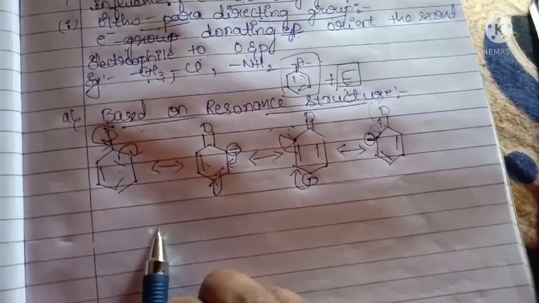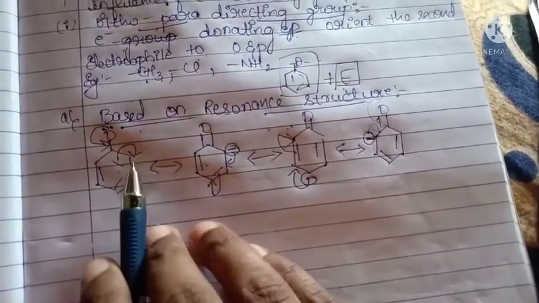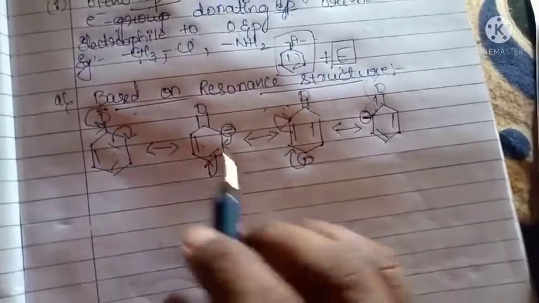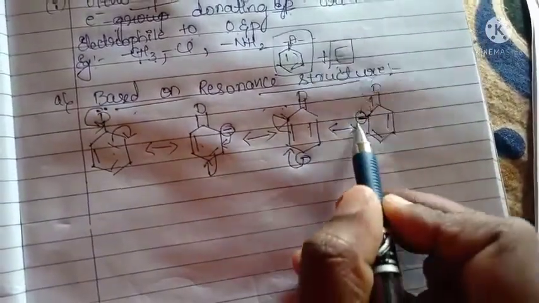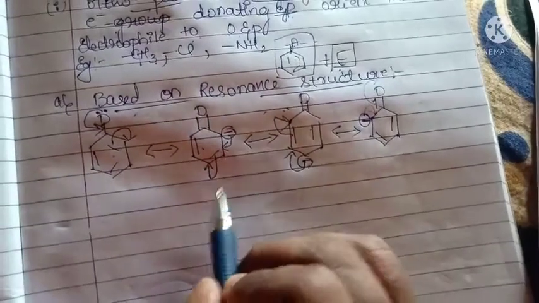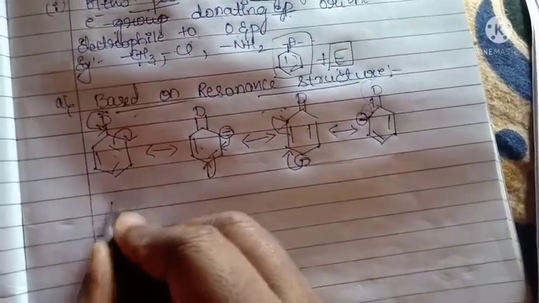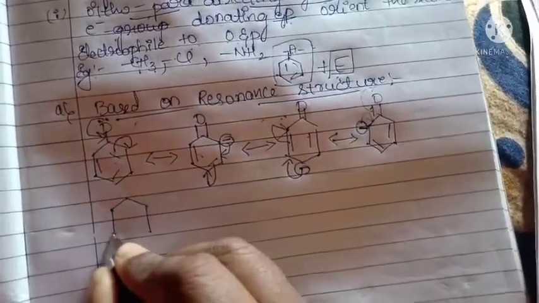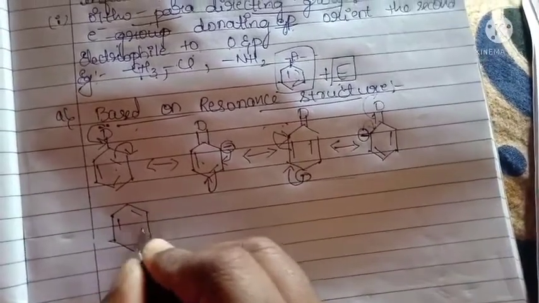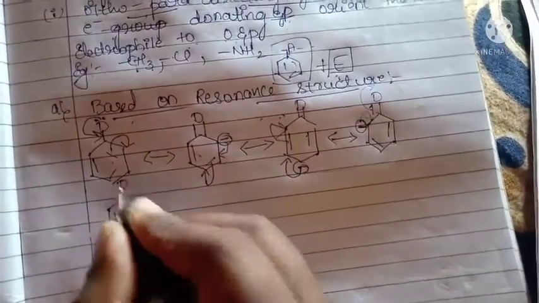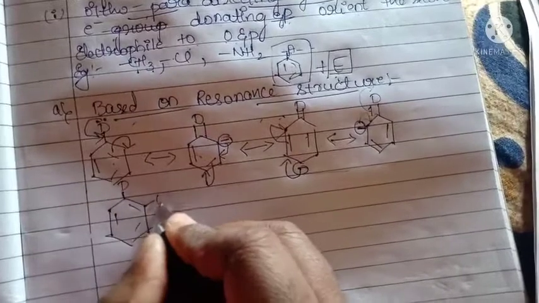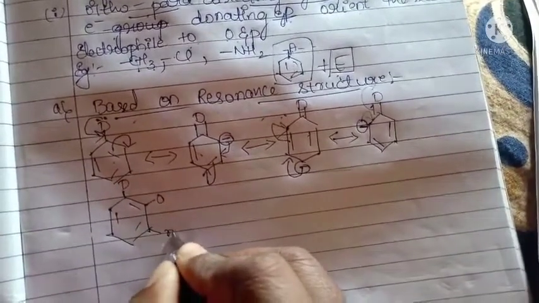Okay, we need to write the resonating structure for the benzene ring. Here you have to observe which positions the negative charges have come to. Now, the benzene ring has a substituent group.